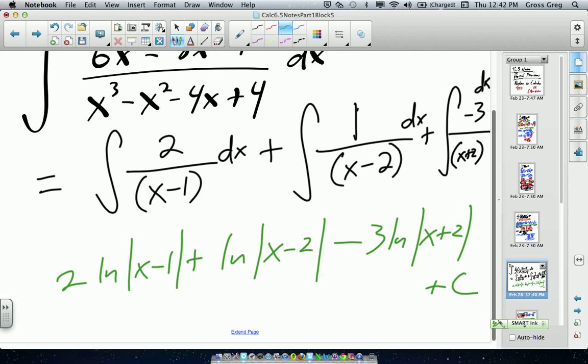I didn't have to do a u substitution here because of the x to the first power, and there are no coefficients in front of it. So yeah, that's the last example that we're working on, and I'll try to put a few others on here for you.